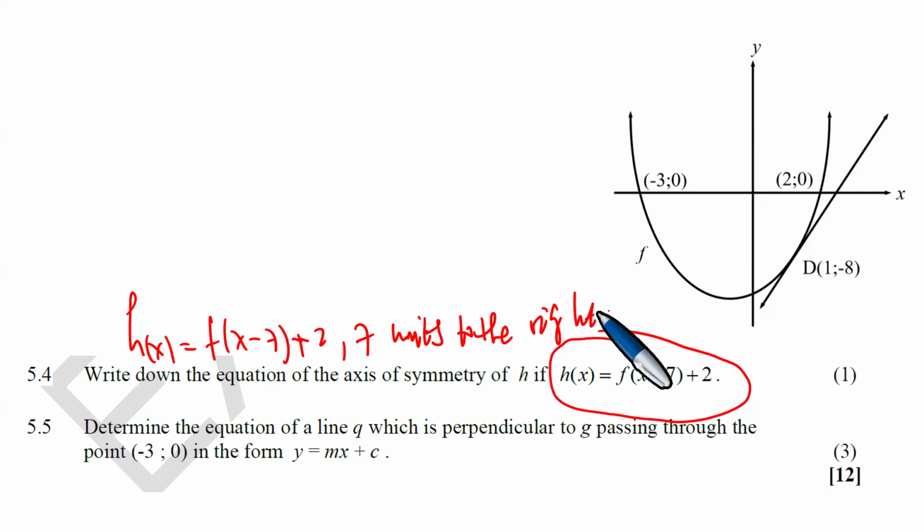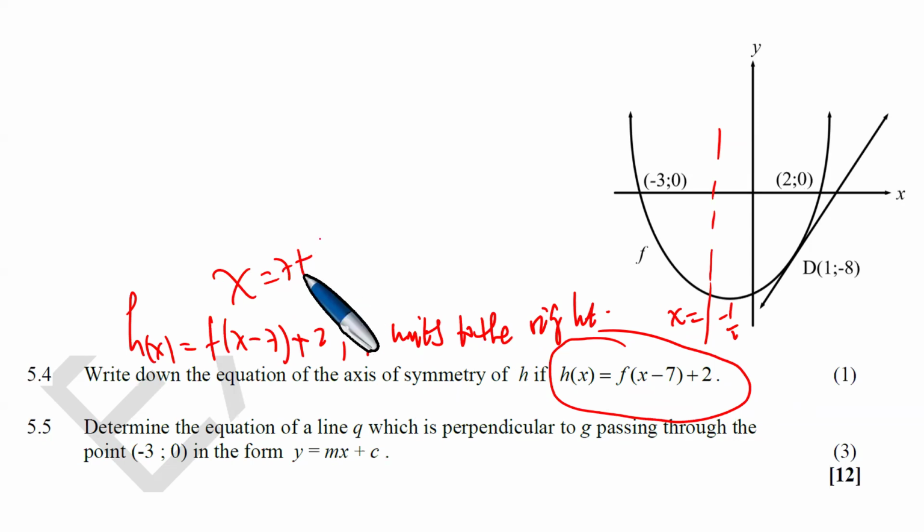Okay, 7 units to the right is a transformation. So if this one here is minus that, 7 units to the right, it means you have 7 and 1/2.